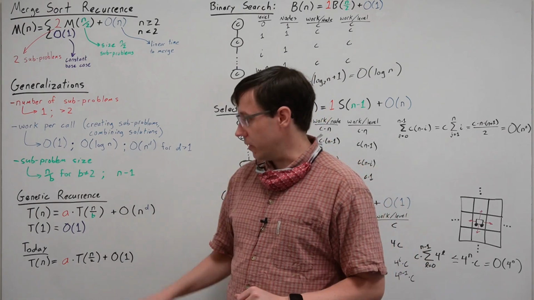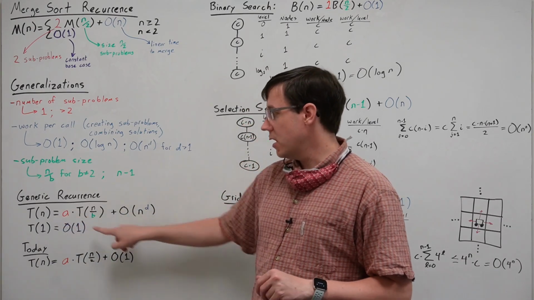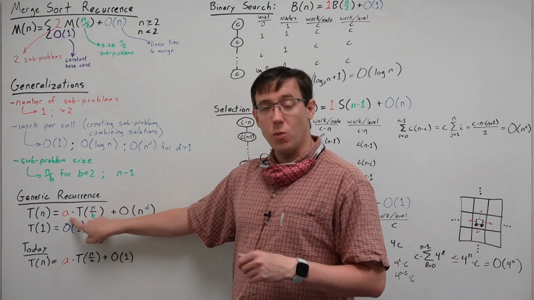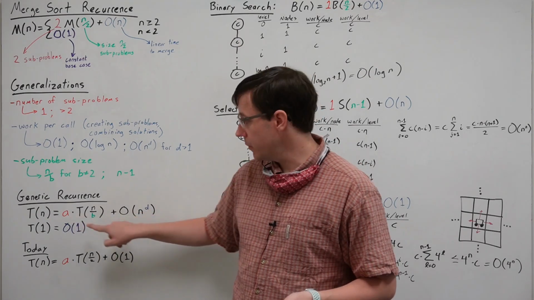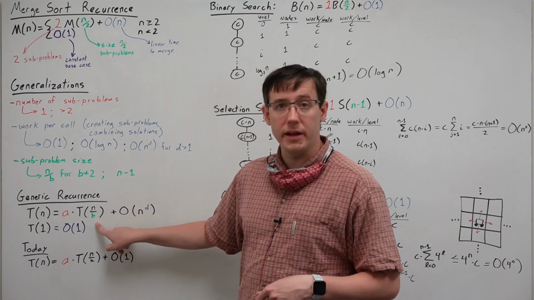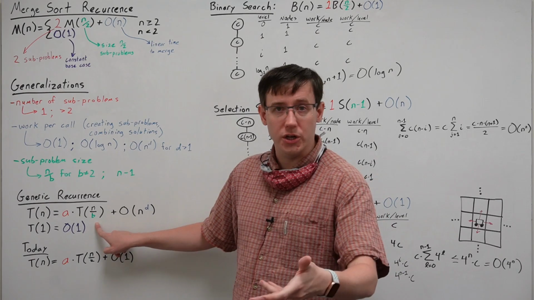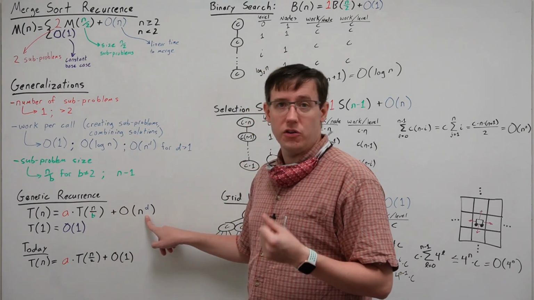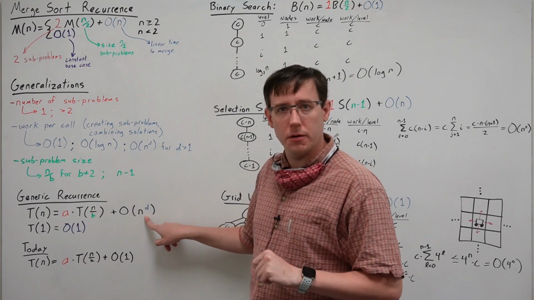This generic recurrence describes the running time of an algorithm recursively using 3 different constants. We have one constant corresponding to the number of subproblems, one constant corresponding to the size of those subproblems as a fraction of the original, and another constant describing the running time within each call to the function.